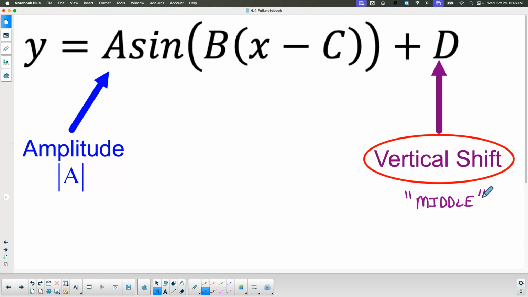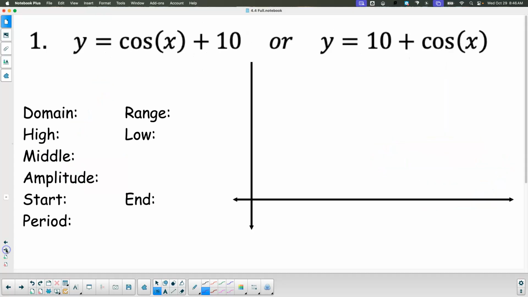And that's it. Everything else gets adjusted because of that, but it's only in control of the middle. Okay? Let's try one. Cosine of x plus 10 or 10 plus cosine of x can be written either way. The reason that we show them to you in both ways is this first one is kind of the Wausau West way.